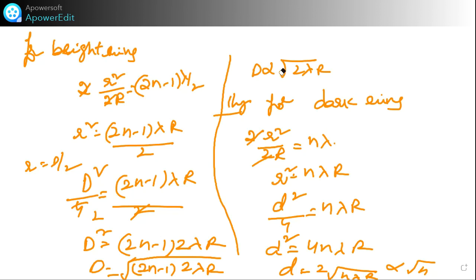Here for bright ring D is proportional to root of (2n minus 1), and for dark ring proportional to root n.